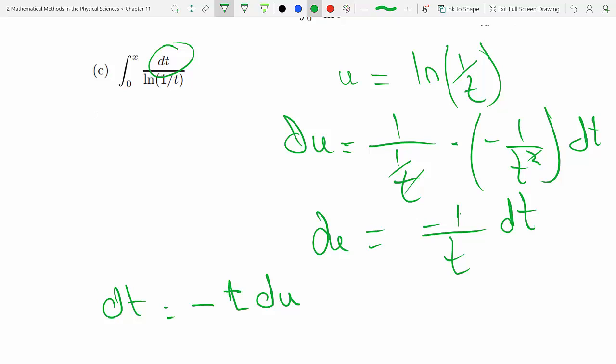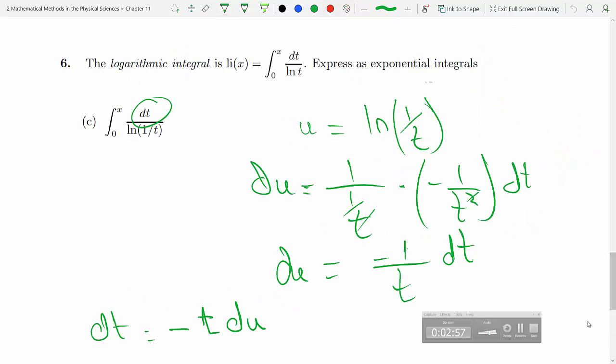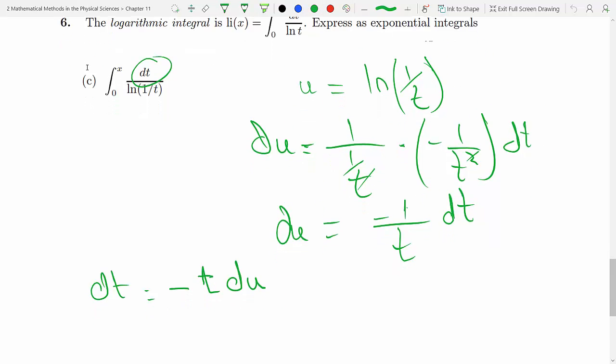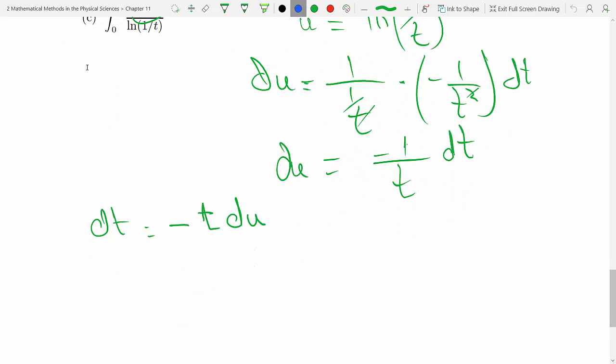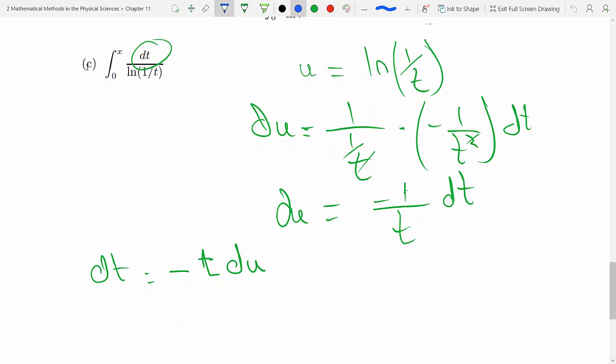That's enough of a hint? Now from here you still have to figure out what t is, and then change the bounds of the integral. I also have to get rid of this t because I'm doing substitution.